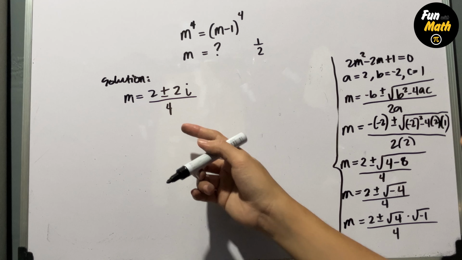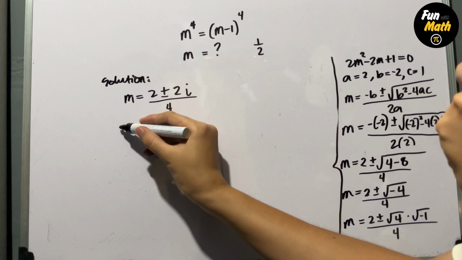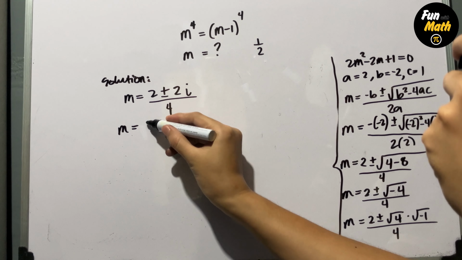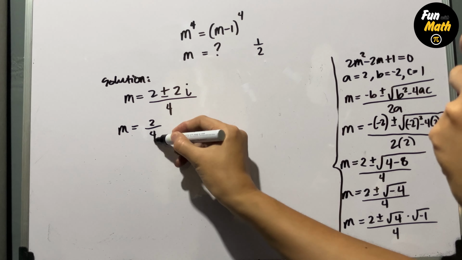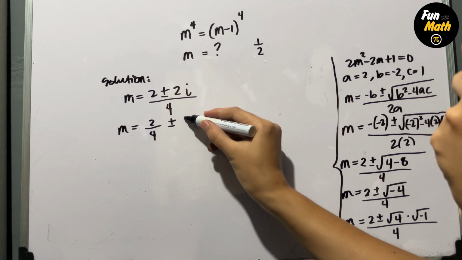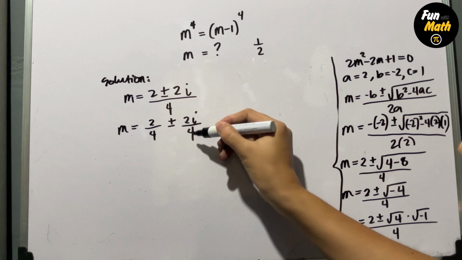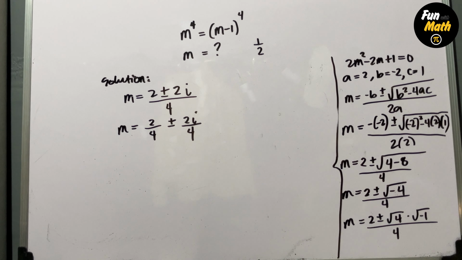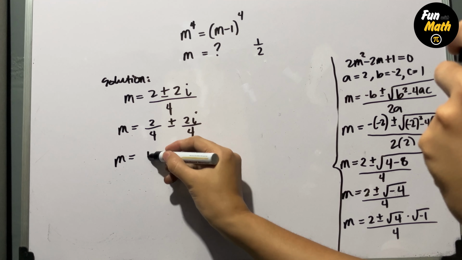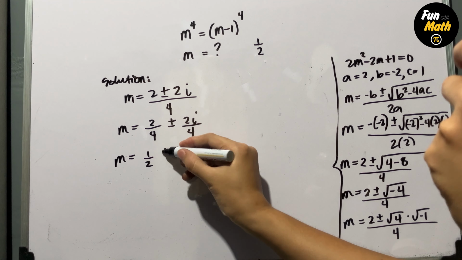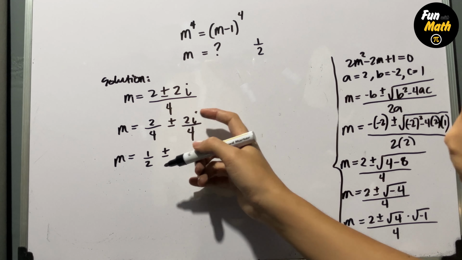So for this, we can separate: m is equal to 2 over 4 positive negative 2i over 4.